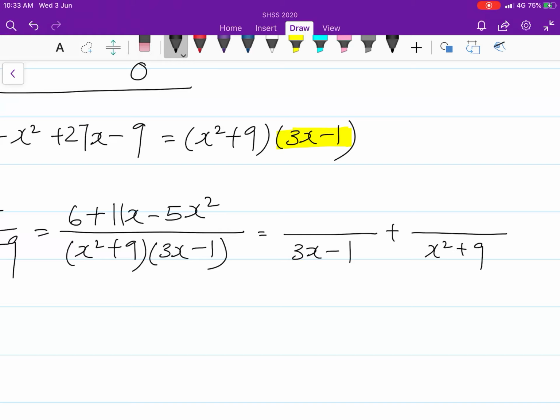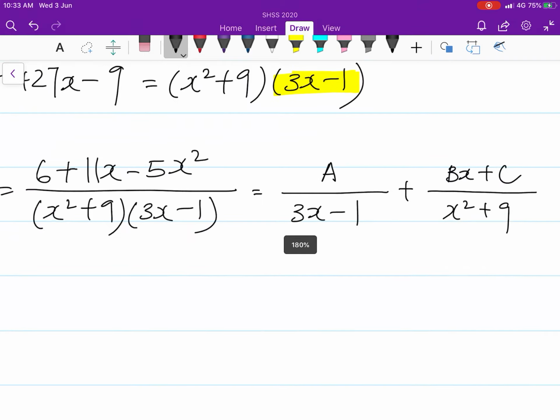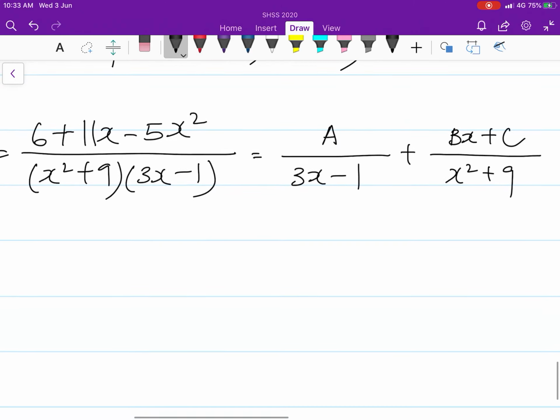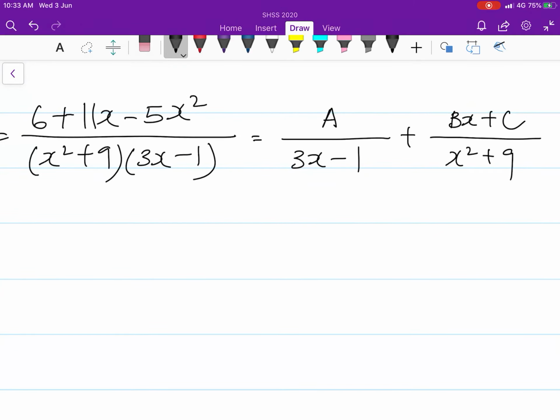So what would the numerator be for 3x minus 1? The numerator for 3x minus 1 would just be an a. For x squared plus 9, it would be bx plus c. From here, we are going to solve for a, b, and c. So we multiply throughout by x squared plus 9 and 3x minus 1. We are going to be left with 6 plus 11x minus 5x squared on the left side.